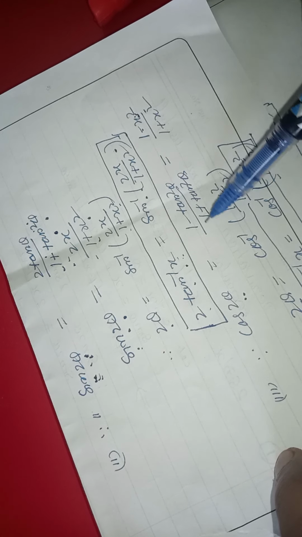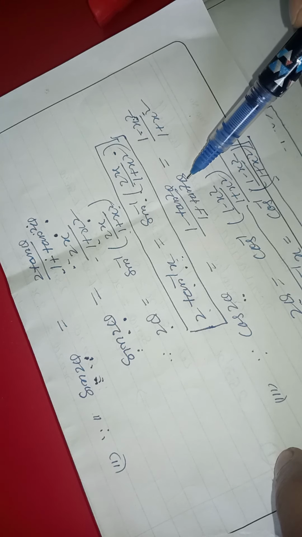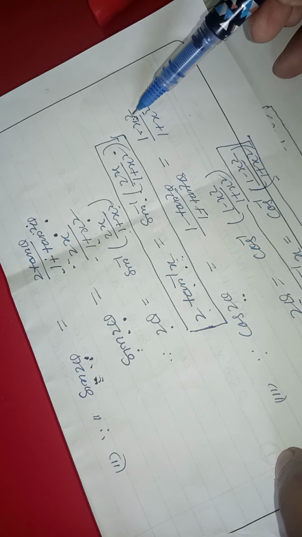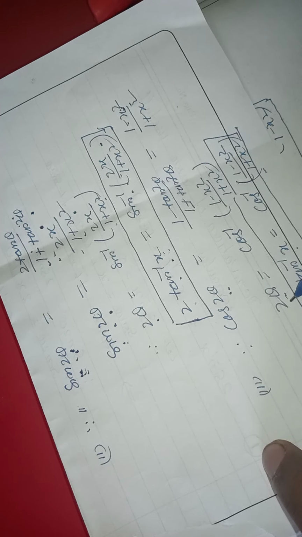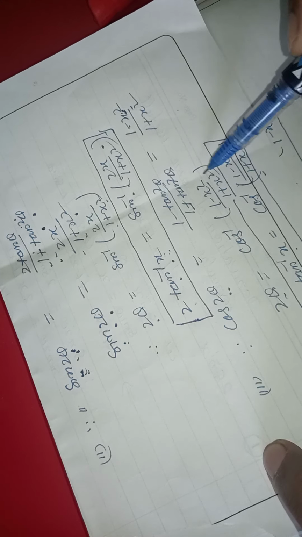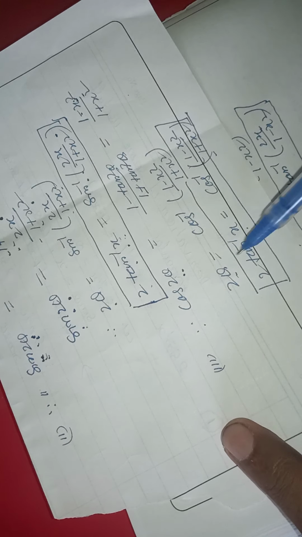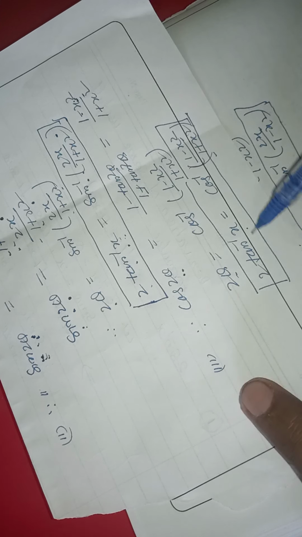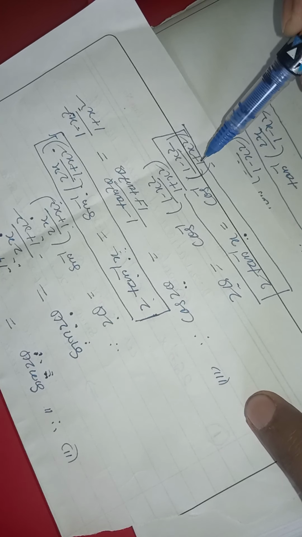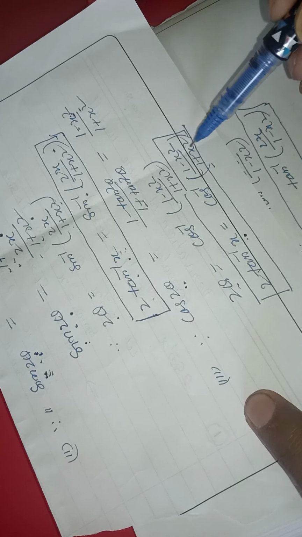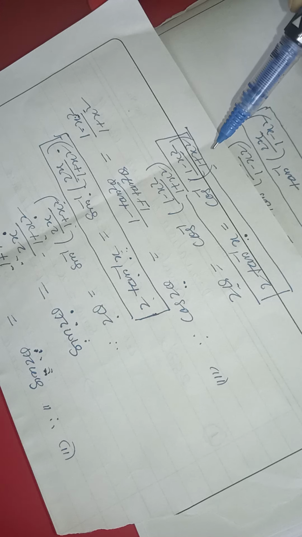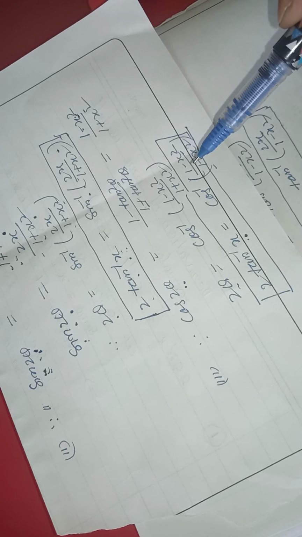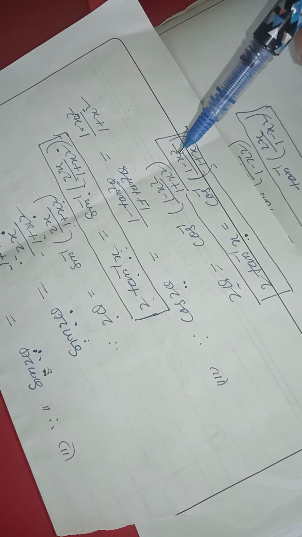And we also know that cos 2 theta is equal to 1 minus tan square theta upon 1 plus tan square theta, which is equal to 1 minus x square upon 1 plus x square, and this will be written as 2 theta is equal to cos inverse 1 minus x square upon 1 plus x square. By putting the value of theta we get 2 tan inverse x is equal to cos inverse 1 minus x square upon 1 plus x square. So there are three formulas of 2 tan inverse x: in the form of tan inverse, in the form of sin inverse, and in the form of cos inverse.